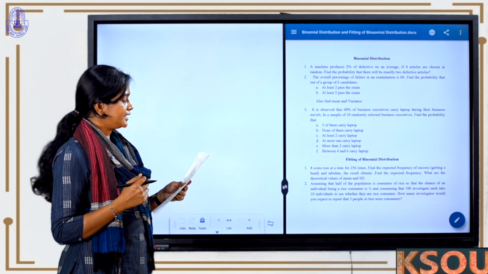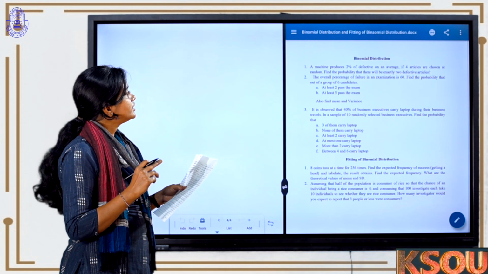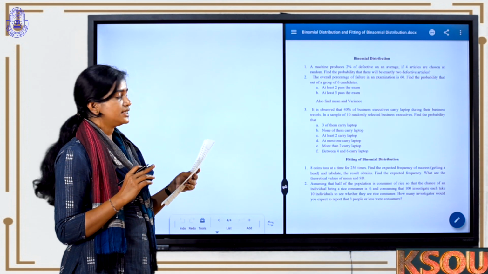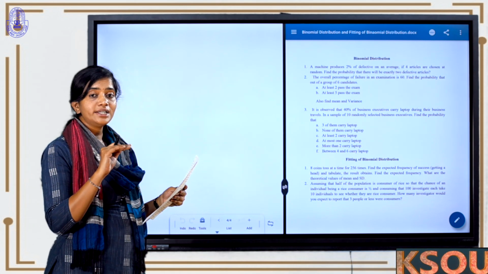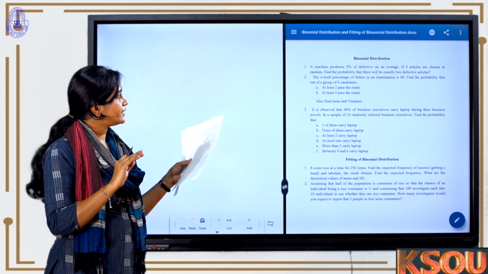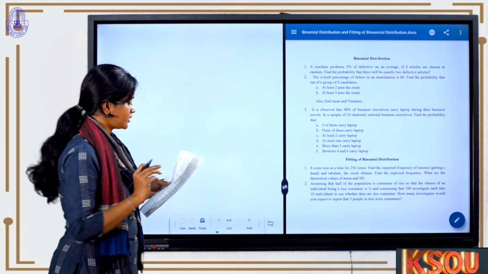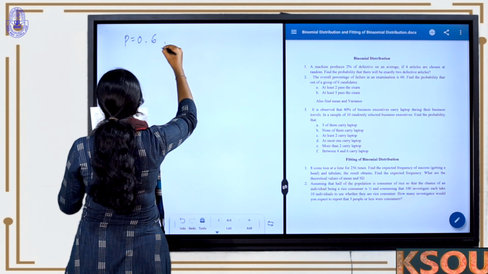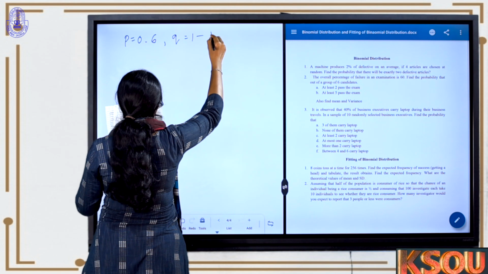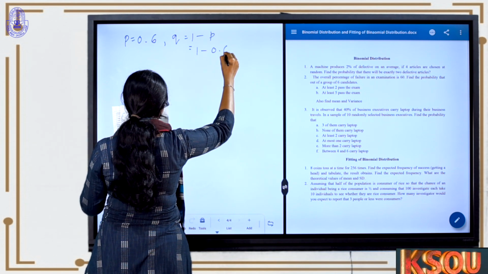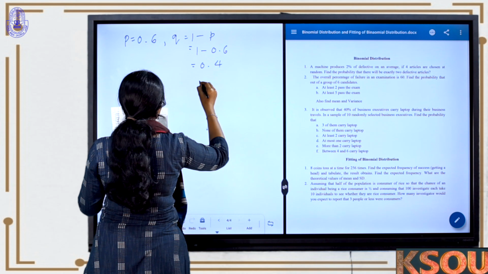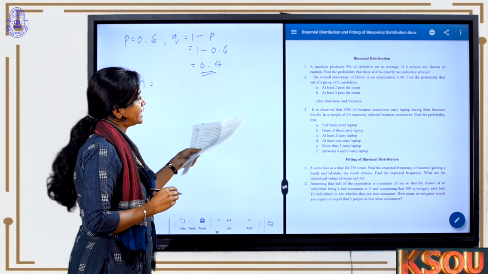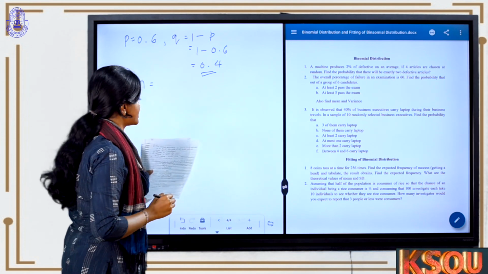So what is P here? It is observed that the overall percentage of failure in an examination is 0.6. So the probability of happening of the event here is fail, that is P. So you will have to take P is equal to 0.6. Then what is Q? 1 minus P, that is 1 minus 0.6, which is 0.4. Then how many candidates you have in that group? 6, isn't it?